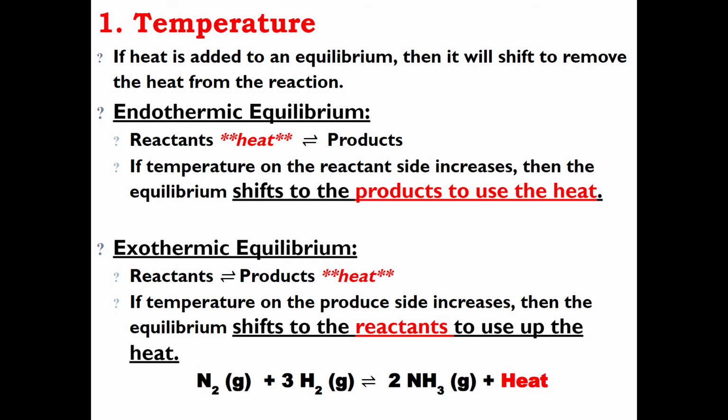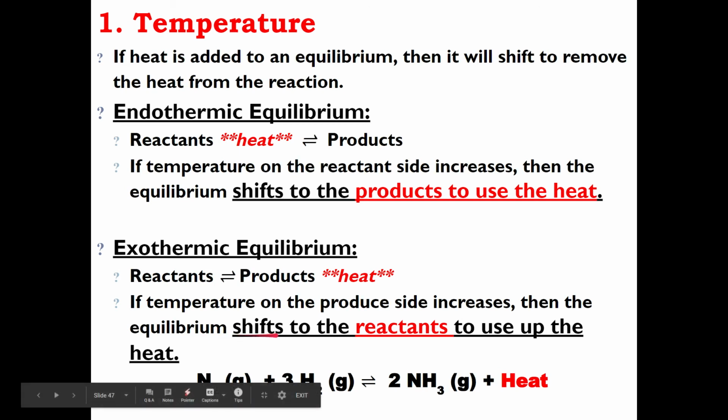So on the endothermic one, the reactants have heat on this side, so it forces it to make more products. Exothermic reactions have the heat on the product side. This makes the temperature want to make more of the reactants. So if heat is produced on the product side, then the equilibrium shifts to the reactants to use up the heat.